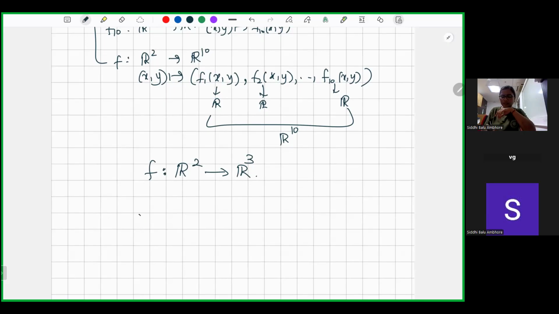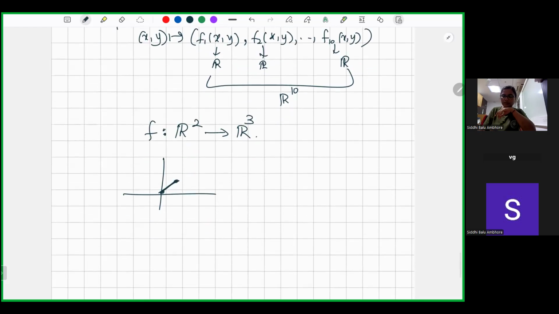So you are taking this in R2, this is your line. And now I want to map that line in R3, where the start point will still remain 0 0 0 and the end point will become 1 1 1. Yes, we can have that map.